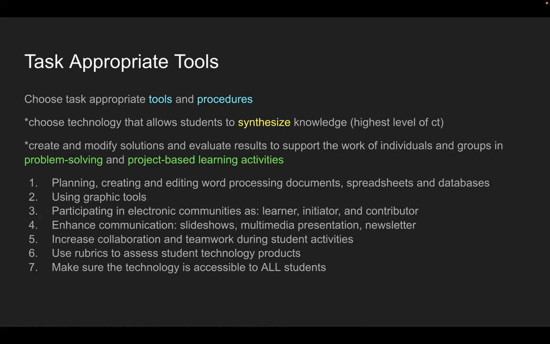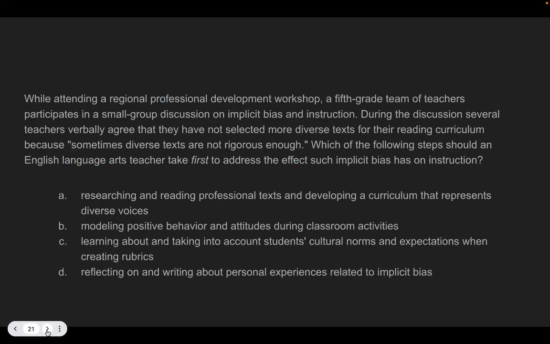You need to choose a technological tool that is accessible to all students, so that you don't have to change the lesson goals or the lesson objectives for one student, because that means that one student misses out on the goals and the high expectation of that lesson. So we would certainly not choose a technology if it were going to leave a group of students out. That is unacceptable. So let's take a look at some practice questions.